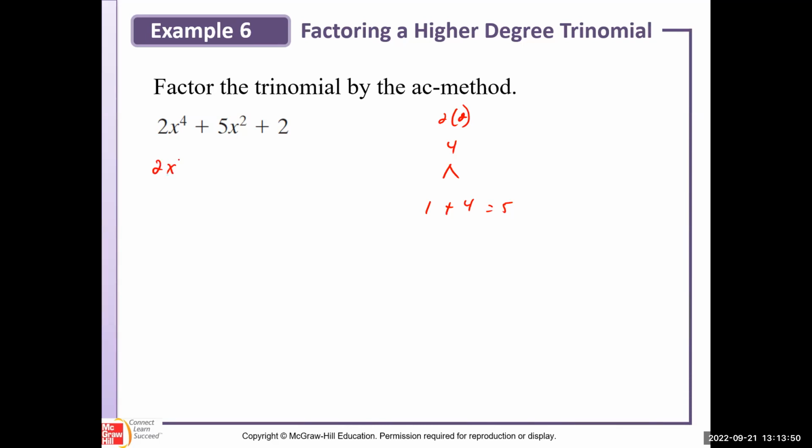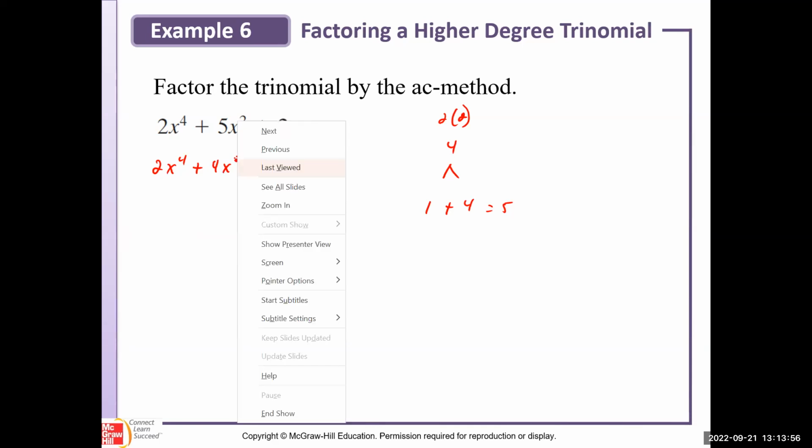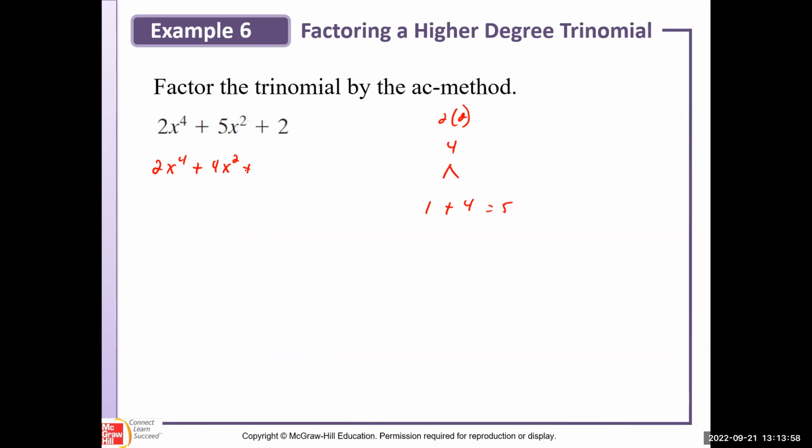And so we're going to have 2x to the 4th plus 4x squared plus x squared plus 2. Put my parentheses. Here I can take out a 2x squared, which is going to leave me with x squared plus 2. Here I'm going to take out a 1.